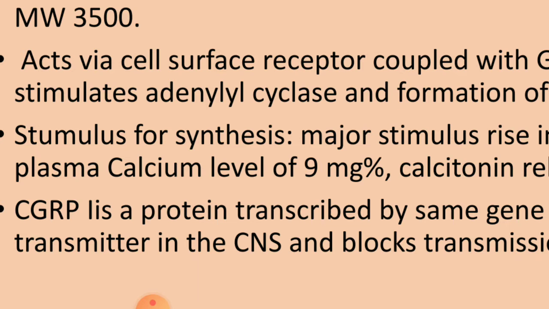So calcitonin and CGRP basically are found to be involved in reduction of pain transmission into the brain, which is independent of the opioid system, which you will learn later, that the brain analgesia system involves opioid neurotransmitters, and the opioid system is responsible for reduction in pain transmission in our body. So it is an inherent analgesic system. CGRP and calcitonin also act in a similar way but independent of that.